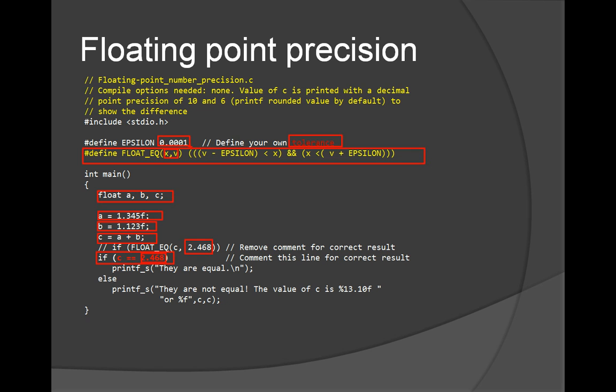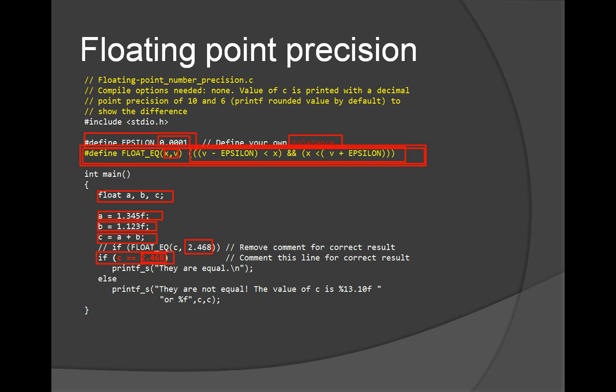So that's what we are doing here. So v minus epsilon less than x and x less than v plus epsilon. So this is very much similar to equating it within the limit of this tolerance.